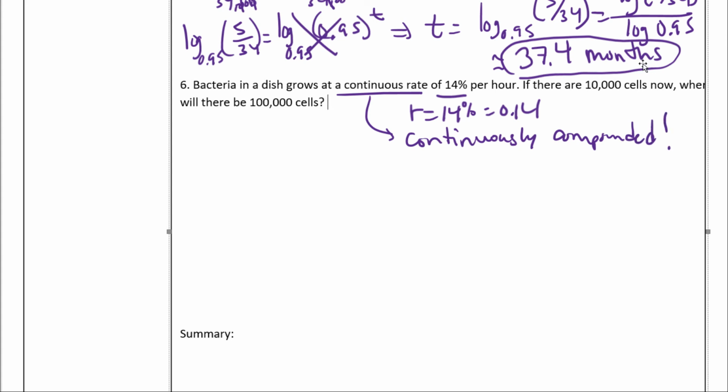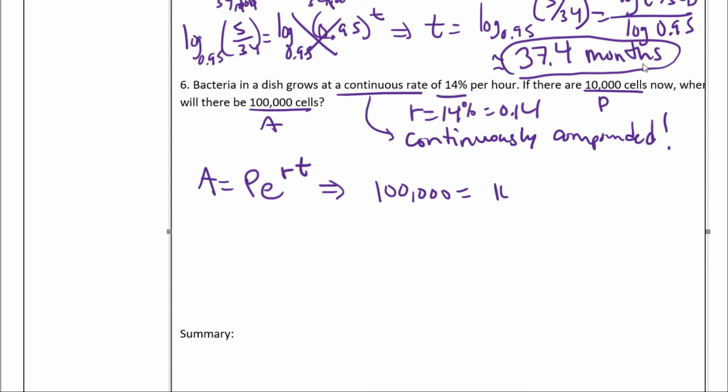Remember, continuous is PERT: A equals P e to the rt. That's the equation we're using for continuously compounded or continuous rate. So we have P, this is A, and we got our r. So we got 100,000 equals 10,000 e to the 0.14 times t.